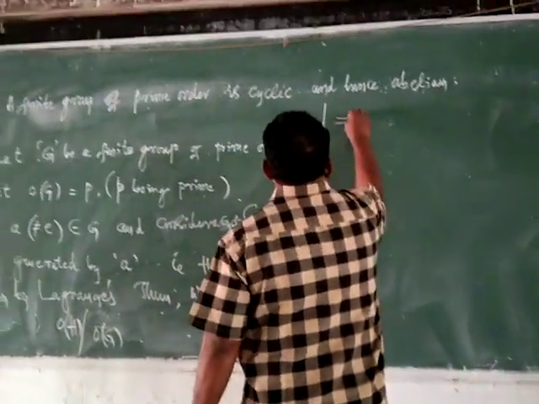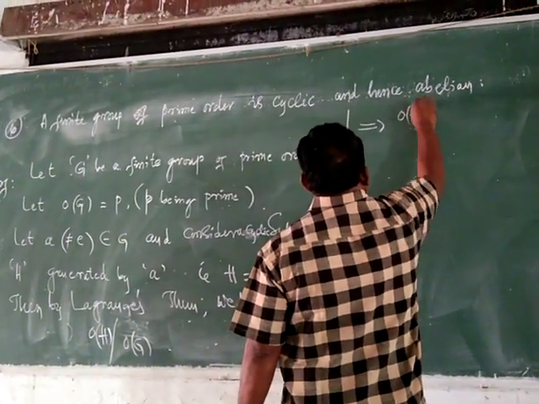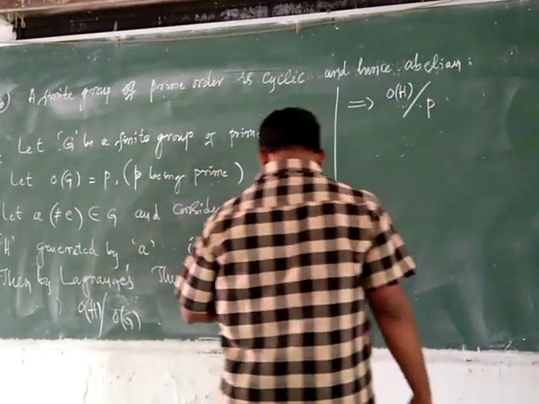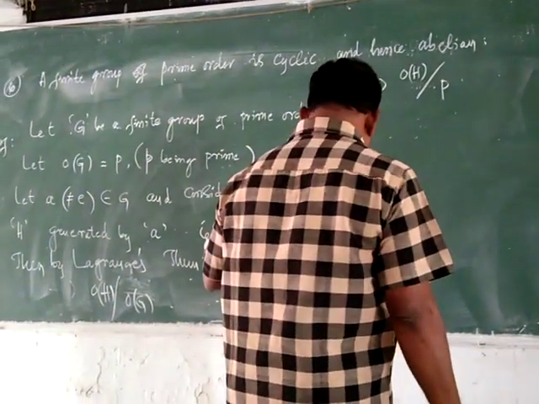Write it as it is. And what is the order of G here? It is p, where p is a prime number.